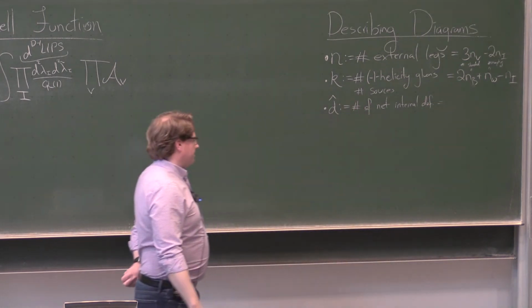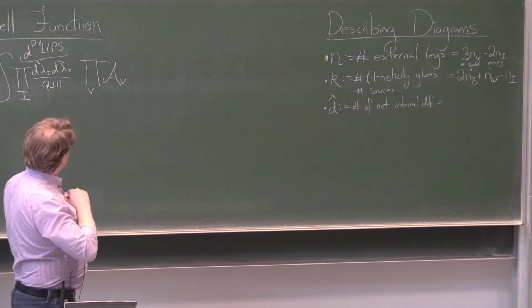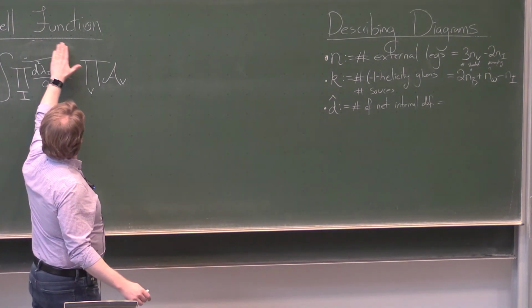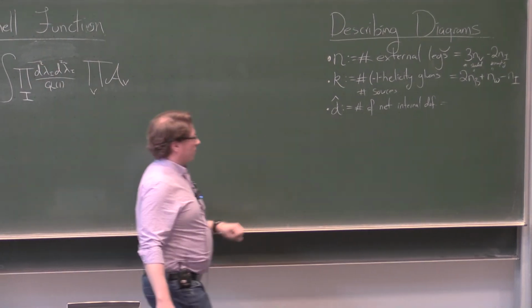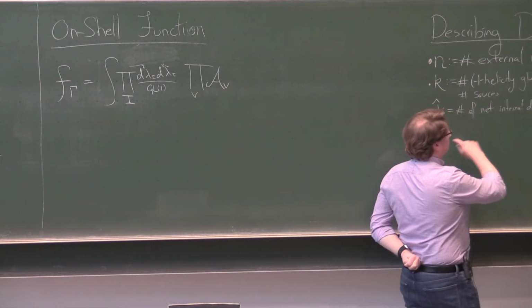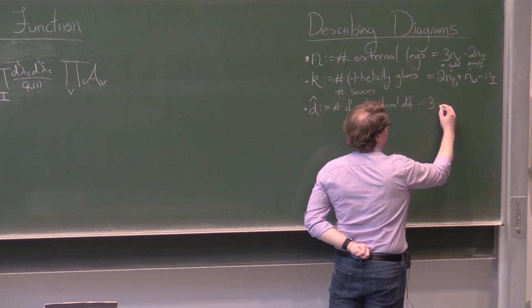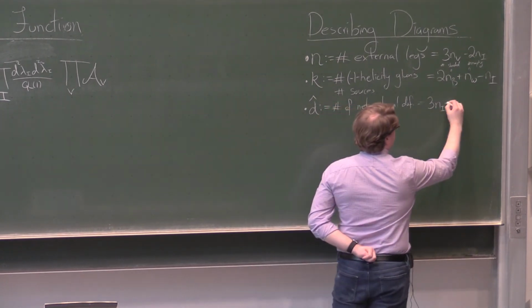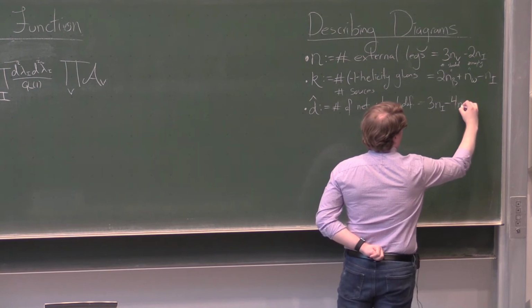Okay, and for these kinds of pictures, everything we're talking about is in 4 dimensions now, so I'm going to erase this d-dimensional stuff. We're going back to 4D. So how many degrees of freedom? We have 3 degrees of freedom for each internal edge, and we have 4 delta functions per vertex.